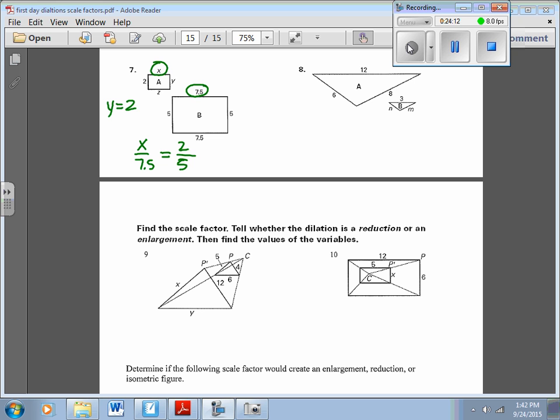Perfect. You see that he used the x side over the side that corresponds on the other figure. That means he has to use one of the sides on that same figure on the other side of the equal sign. And whichever one of these he picks, he's got to use the corresponding side that goes with it.